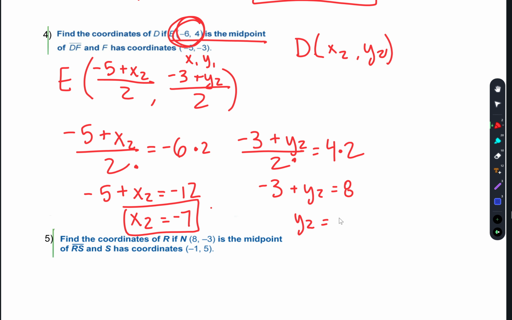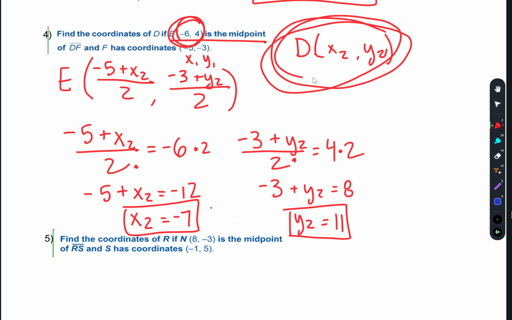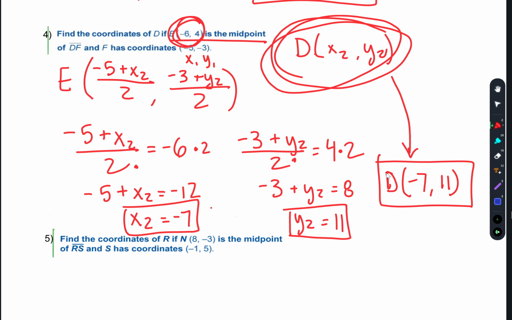I add 3 to both sides, I get 11. So D, that end point that I was not sure about, we know that that has to be at -7, +11. Any questions on that?